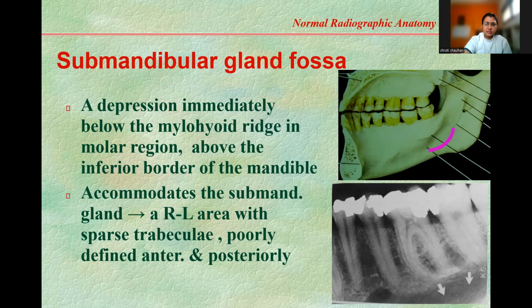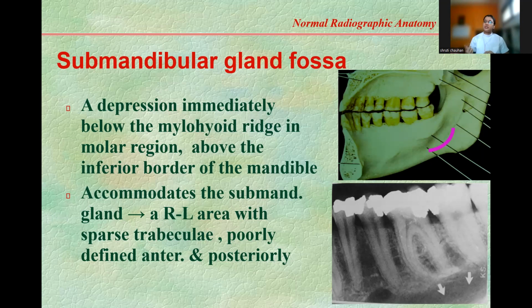So whenever you're confused about a radiolucency surrounding a tooth apex, always check for the lamina dura of your tooth. If the lamina dura of the tooth is intact, that means that radiolucency is of non-dental origin. It has got no relation whatsoever with the tooth. Only if you trace the lamina dura and you don't see a continuity, then it can be an abscess.